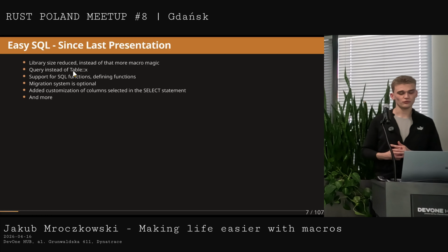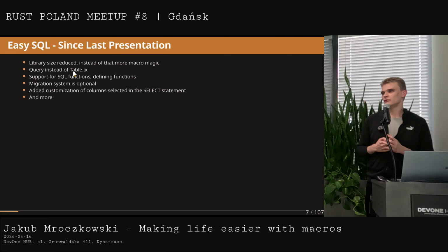And now we have more macro code. I also added support for SQL functions, which was not present before. There are some built-in functions. We also have a macro which allows us to use custom SQL functions, which are not present generally.